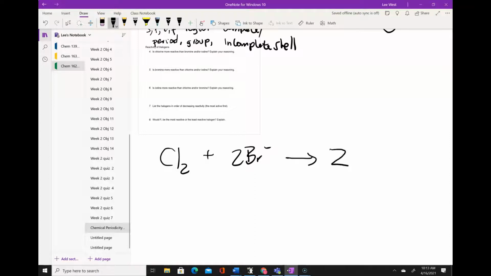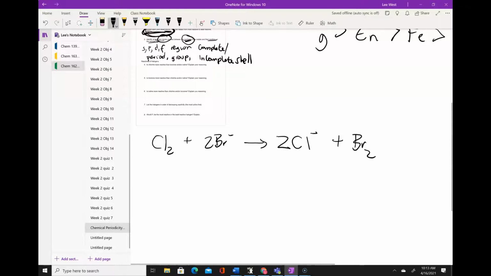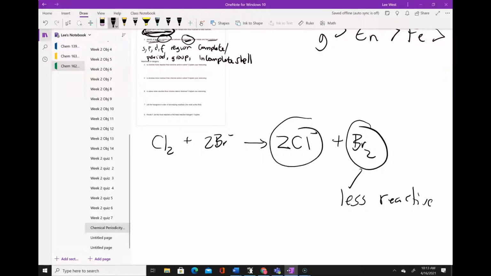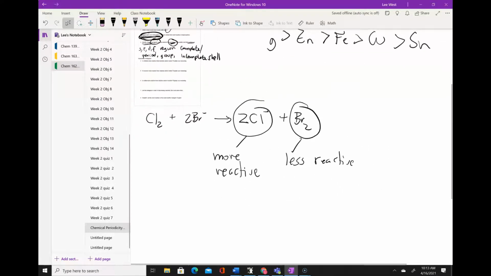And the more reactive halogen will win out and get the electrons. And so that tells me that this is less reactive and that this is more reactive. Whatever ends up with the negative charge when you pair these guys up is the more reactive of the pair.